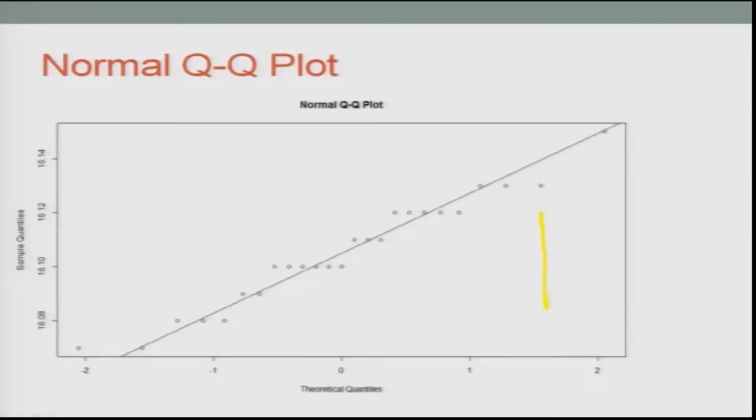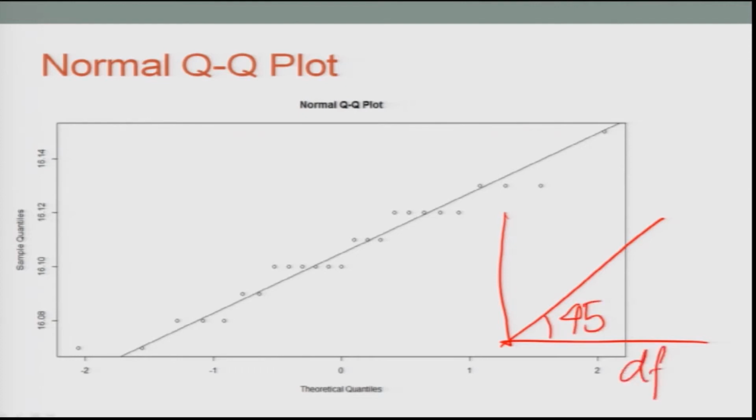Sorry, this is not the way I should do it. This is the 45 degrees line. This is the quantile for distribution function 1 and this is distribution function 2. If I am always on this 45 degrees line, it means the overall coverage for both distributions is proceeding at an equal rate and covering equal area, which means the underlying distributions are the same.